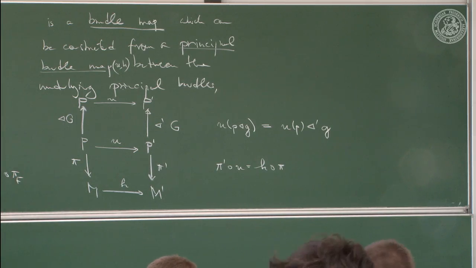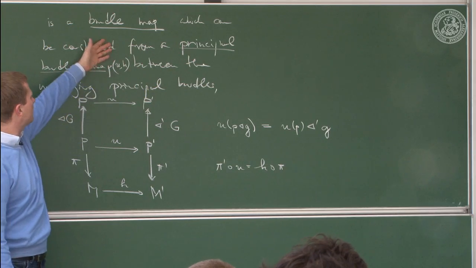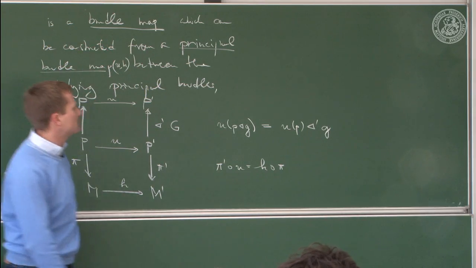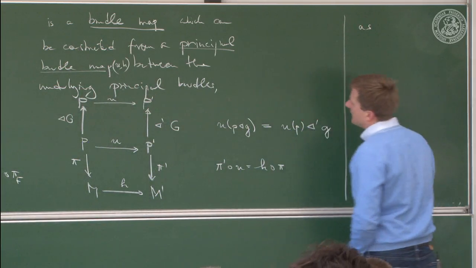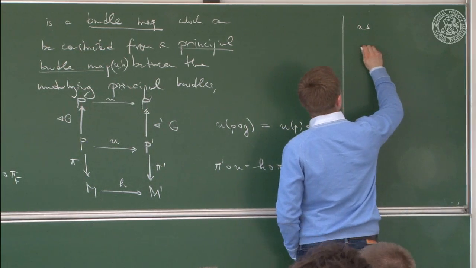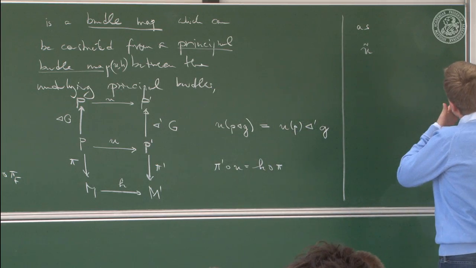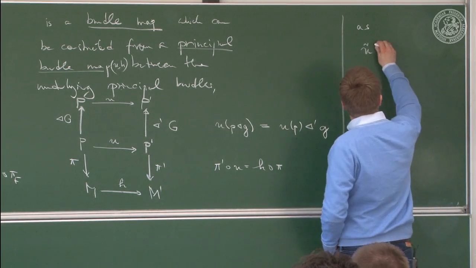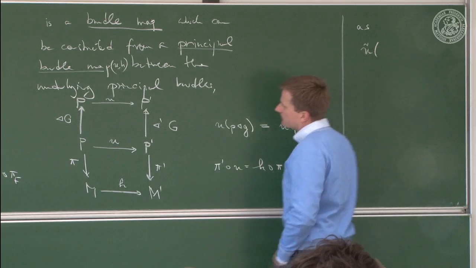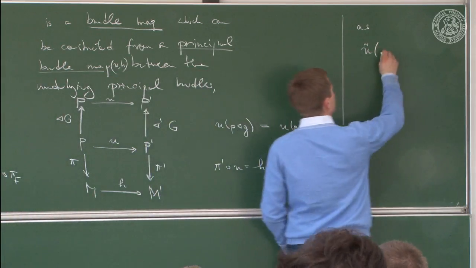So an associated bundle map is just a bundle map which, however, can be constructed in a specific way from a principal bundle map, which is this. And now I tell you how it needs to be constructed: U twiddle needs to eat an element in P_F, in the associated bundle. How does it do that?